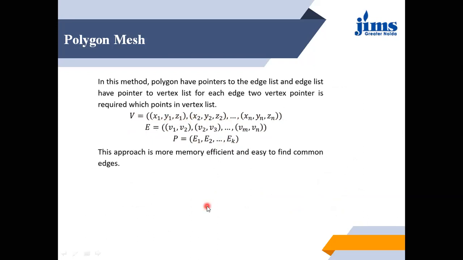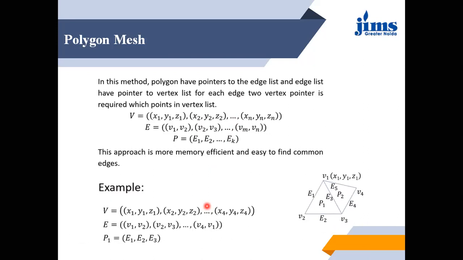So this approach is more memory efficient and easy to find common edges. As you can see over here, in P we store only edges, in E we store only vertices, and we store only coordinates in V, that is vertices.